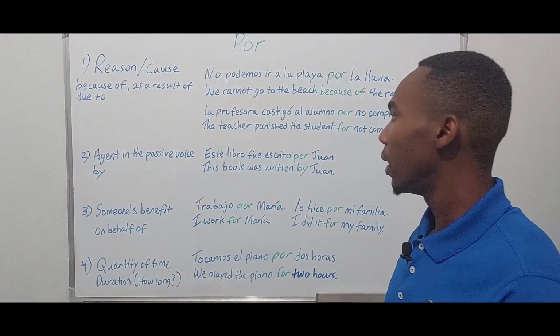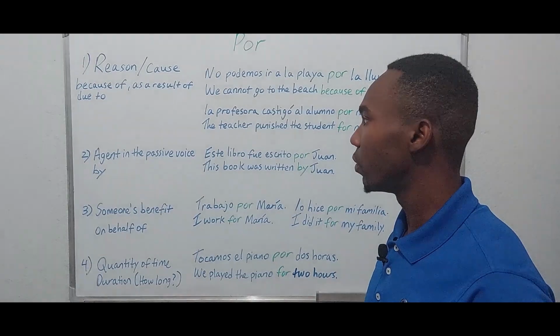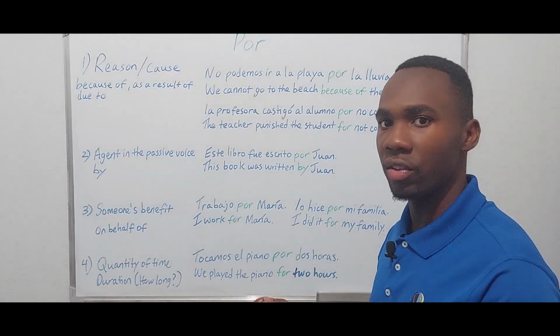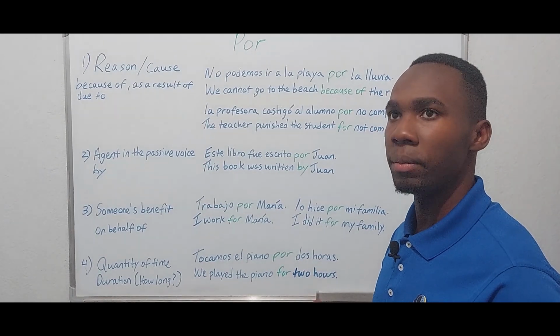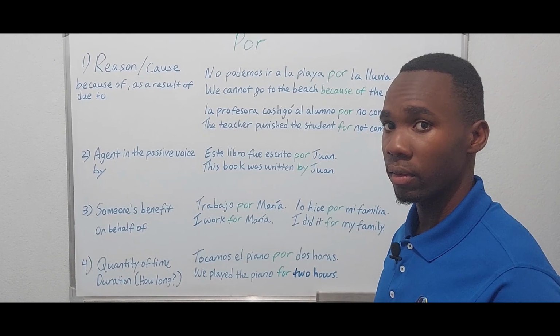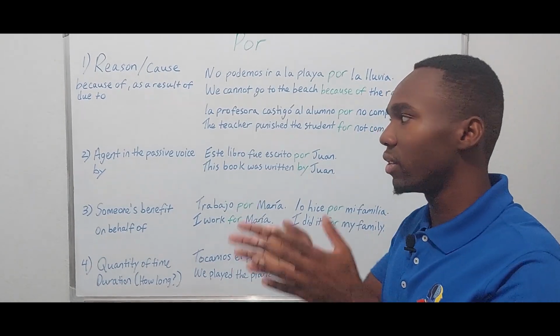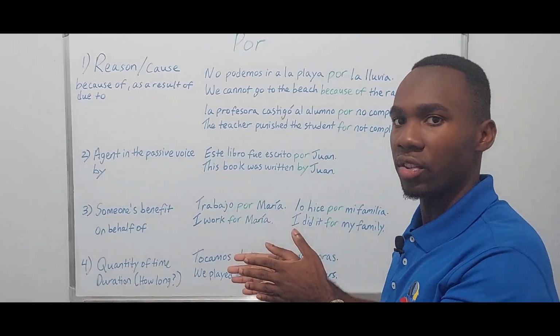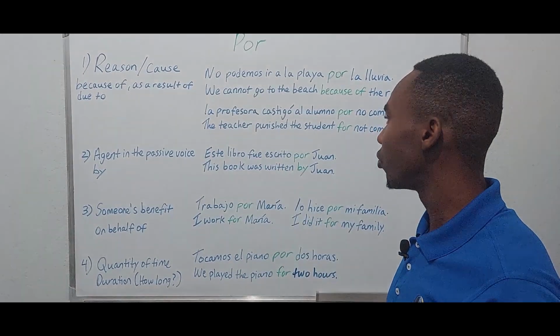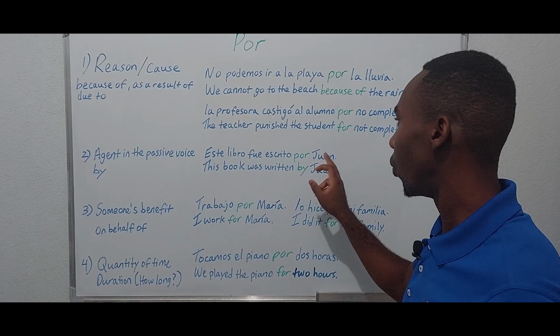Number 2, an agent in the passive voice. So we use por when we want to introduce an agent. And an agent is going to be the entity that performs an action in a sentence. In the passive voice, you know the subject goes into object position, right? So, este libro fue escrito por Juan.